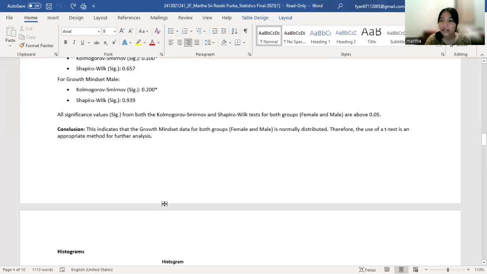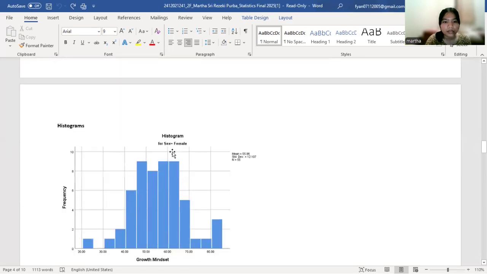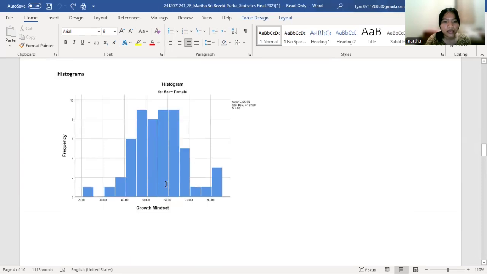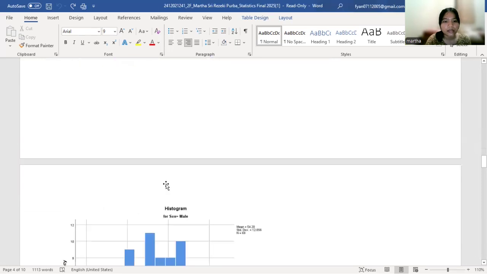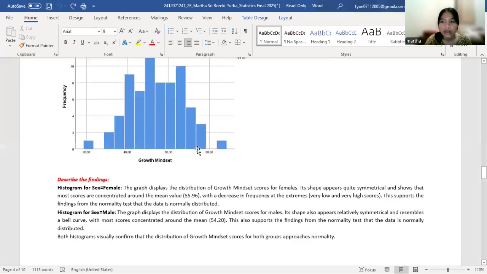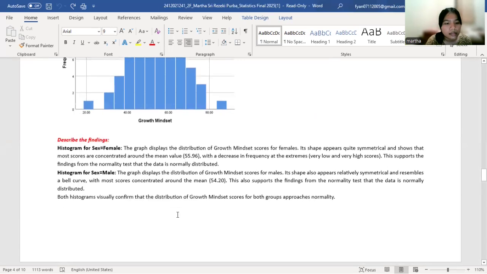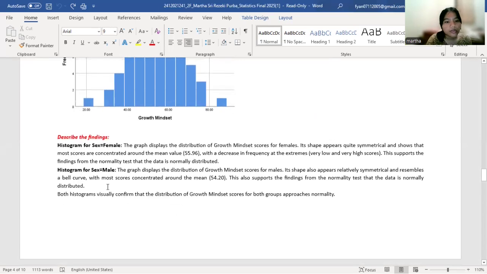Okay, let's check the histograms. This is the histogram for female, and then this is the histogram of male, and then this is the analysis. The graph displays the distribution of growth mindset scores for males.